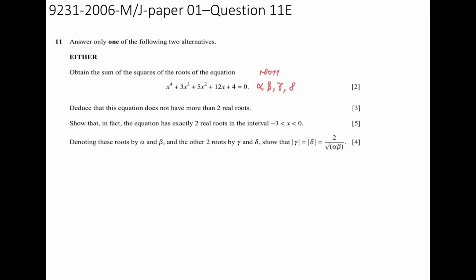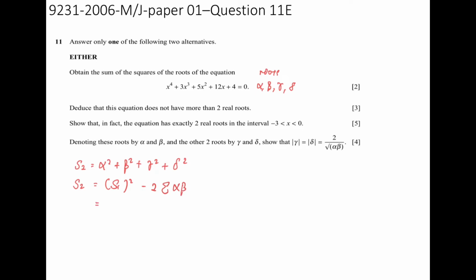So sum of the square of the roots, I can call it S2, is alpha squared, beta squared, gamma squared, and delta squared. So we know that S2 is equal to S1 squared minus 2 sum of alpha beta.